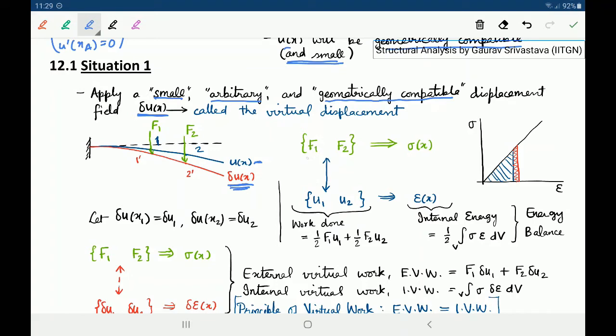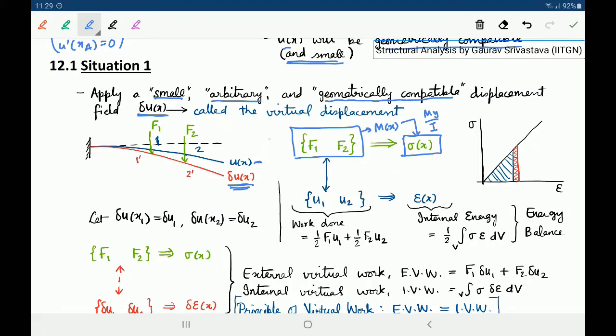So the known force field, which is in equilibrium, causes internal stress, let's say sigma x. In case of a beam, what we're saying is this F1 and F2 will cause some bending moment throughout the beam, M of x, and that will lead to stress. So this My by I is the stress which is caused by this force field.